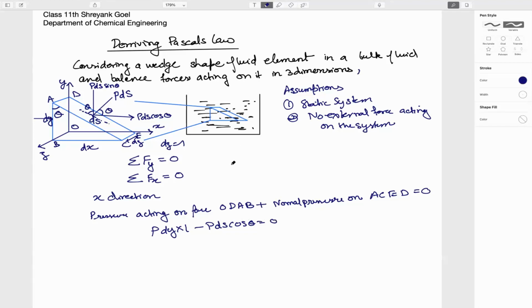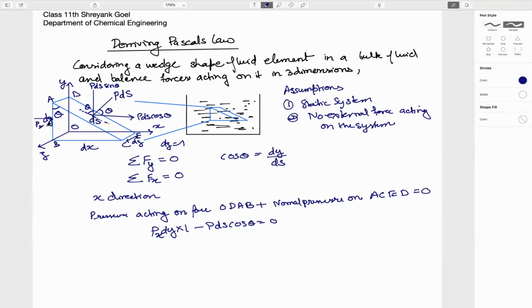And we know that cos theta is nothing but dy by ds. So you can replace it. Here this is some arbitrary pressure p.